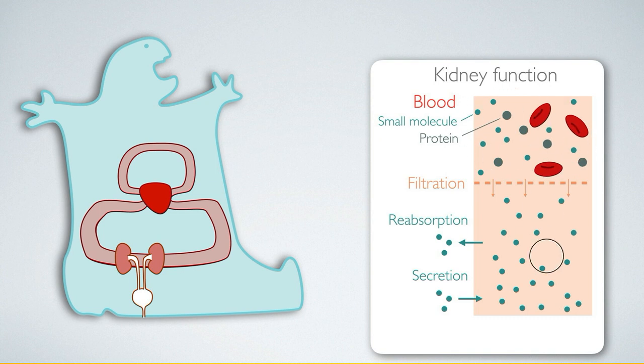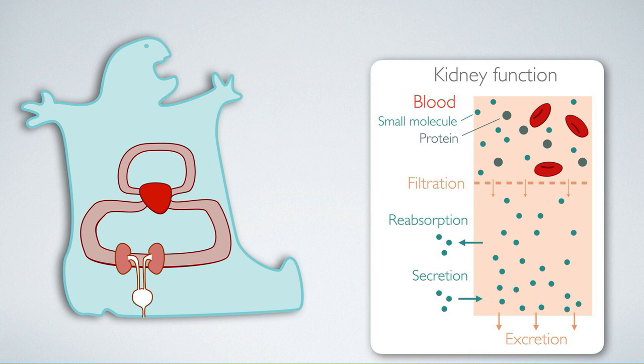That is, making this stuff down here more or less concentrated by either subtracting or adding water. And then ultimately, the solution, the filtrate that we get rid of, we say that it's excreted, not to be confused with secretion, which is the active pumping of small molecules into the filtrate. Excretion is essentially what you urinate.